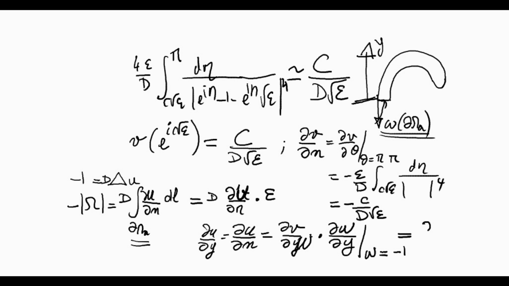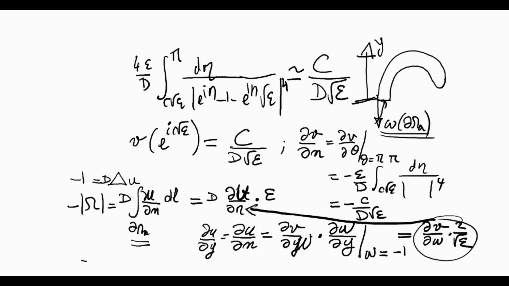Okay, so I will leave this as an exercise. So this is exactly dv dw multiplied by 2 divided by square root epsilon, such that the formula that we have now to solve is to plug this into here and estimate the constant such that this is equal to d 2 square root epsilon multiplied by du dn multiplied by epsilon, which now we can remove this square root epsilon and we are left with this square root epsilon in here.